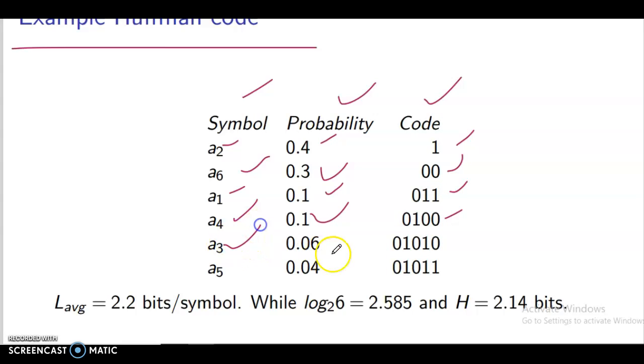A3, probability 0.06, code 01010. A5, probability 0.04, code 01011.